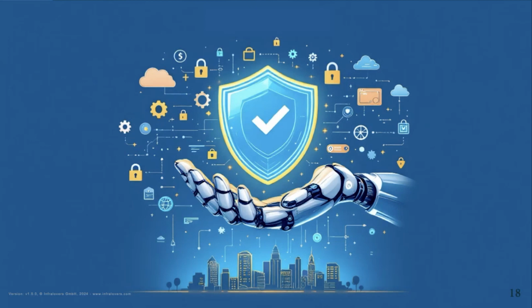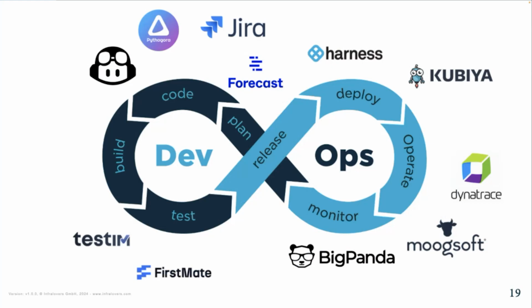With all that, AI can ensure that organizations maintain their compliance while reducing the manual burden on teams. Now, luckily, there are plenty of tools and platforms available which can help us integrate AI into our DevOps processes.